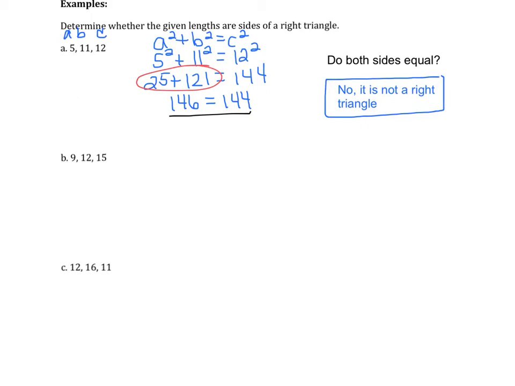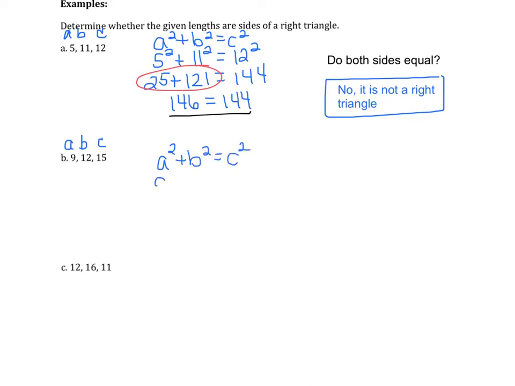Let's do another example together. So in letter B, we're given 9, 12, and 15. You first want to identify your legs, which are the smaller sides. So 9 would be a, and 12 would be b. Therefore, 15 is your longest side, and that would be c. So now we're going to use the Pythagorean theorem, a squared plus b squared equals c squared.